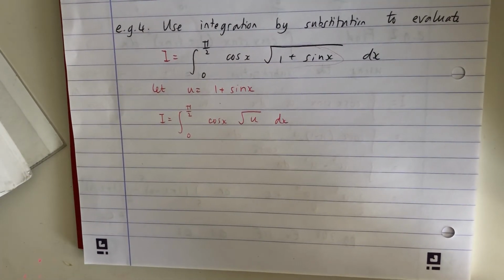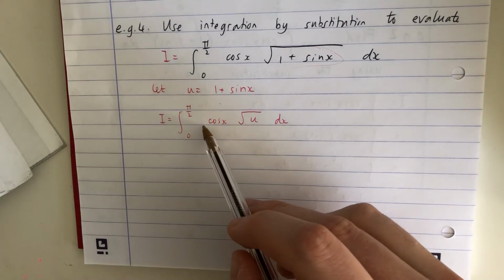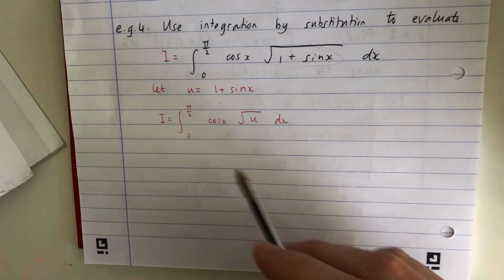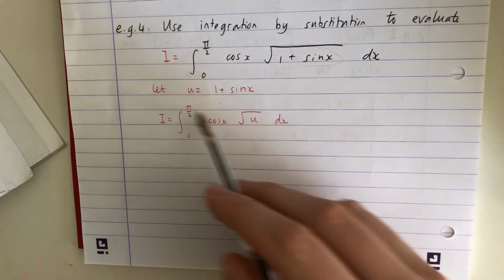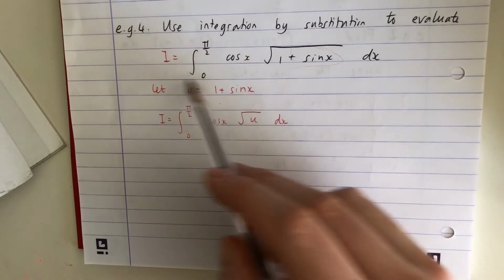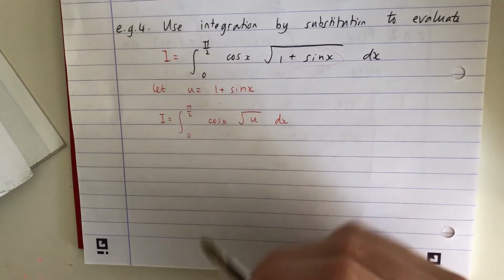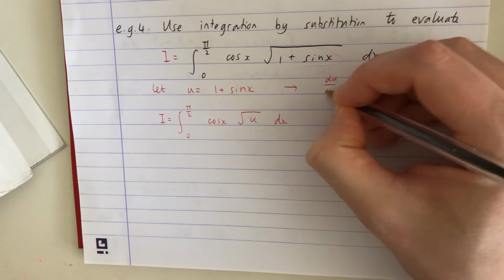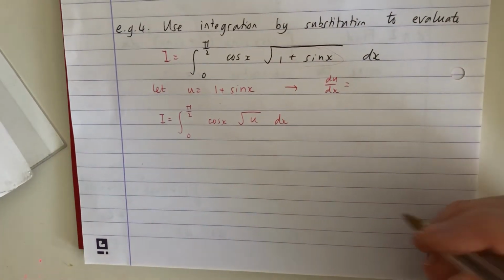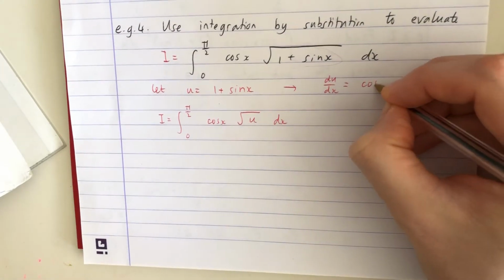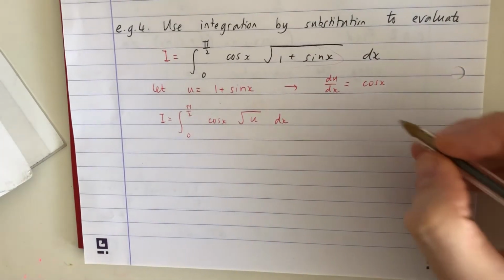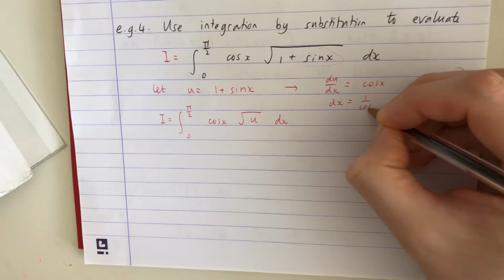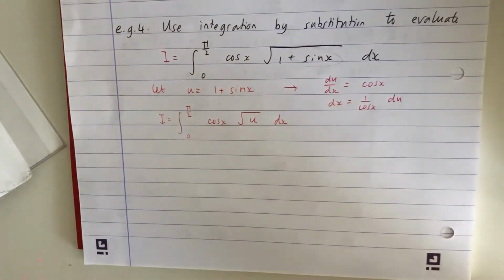And now do some substitutions. So cos x, that's not easily going to be substituted, is it? I can't really make cos x the subject, so I'm going to leave that as it is. And I'm just going to do du by dx, which would go to cos x. And if you make dx the subject, you'd have 1 over cos x du.